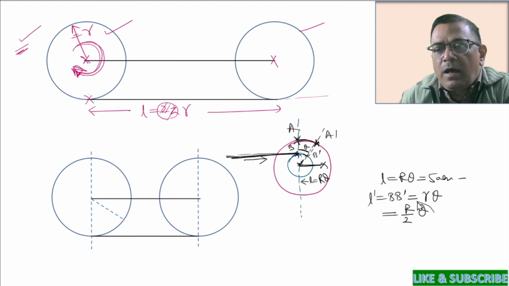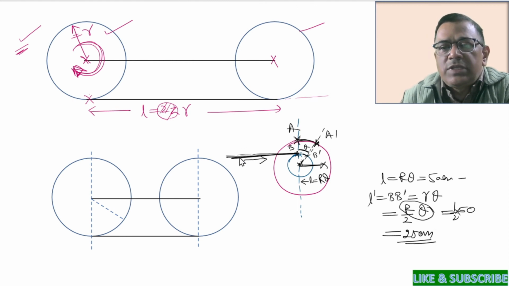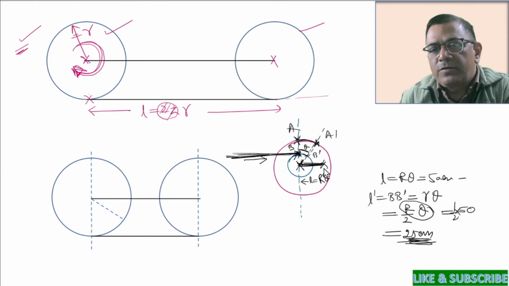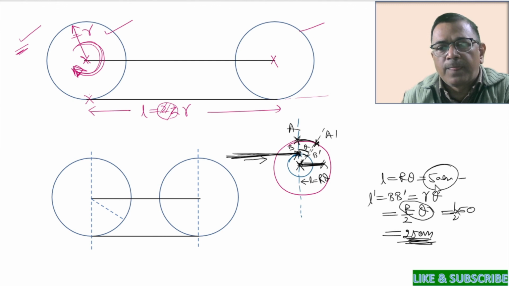But R theta is equal to 50, and hence this is equal to 25 centimeter. Is that right? So this scale should move by a distance of 25 centimeter by the time the center of the roller moves by 50 centimeter.